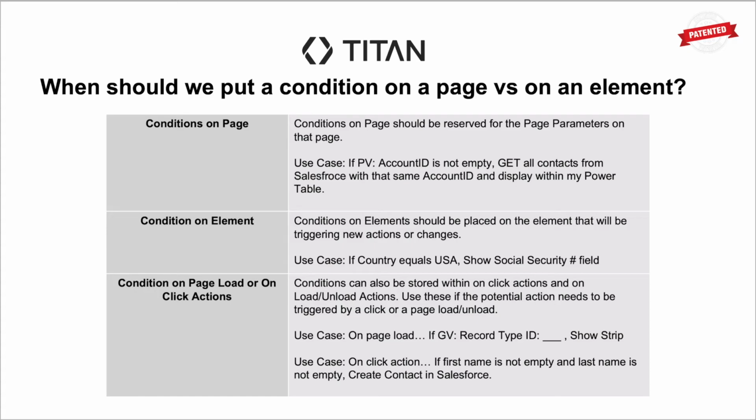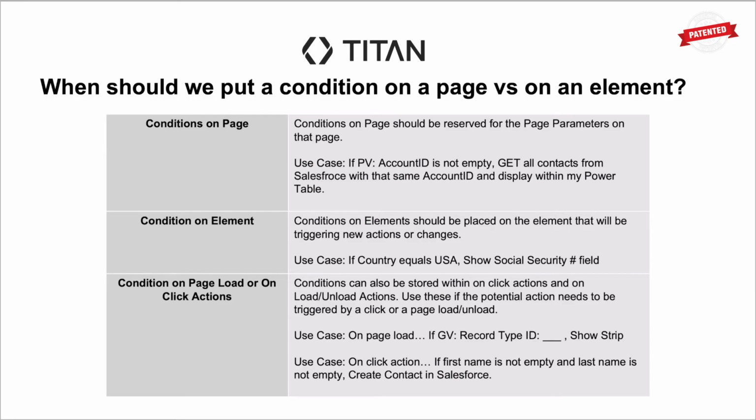So a typical use case, maybe if the page variable account ID is not empty, then let's get all of the contacts from Salesforce with that same account ID and display it within a power table. So we could get the account ID from somewhere else, and once it's retrieved, then load all of the contacts from that account.